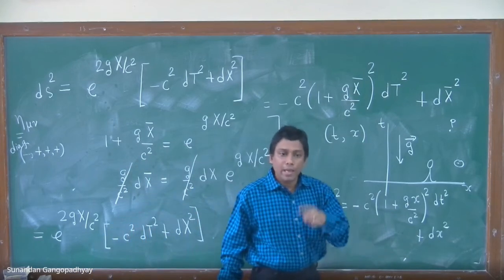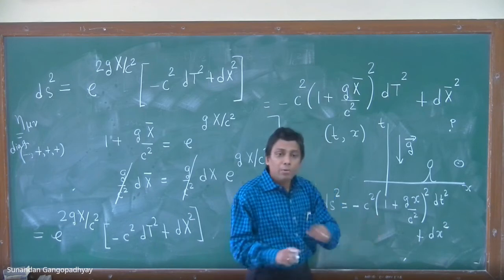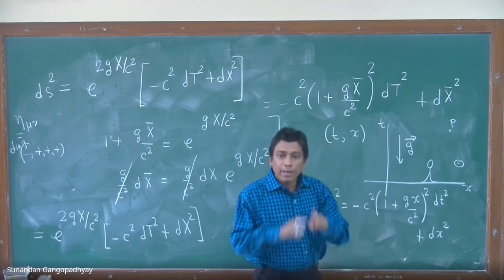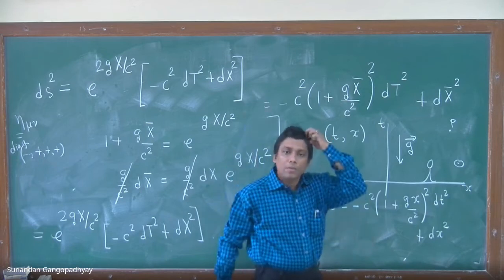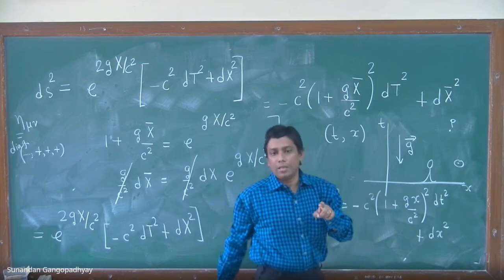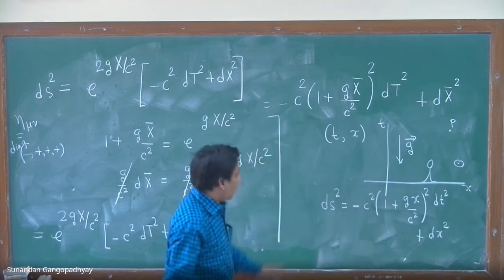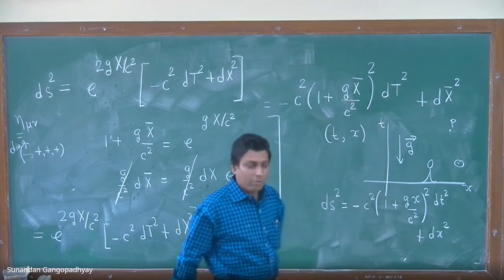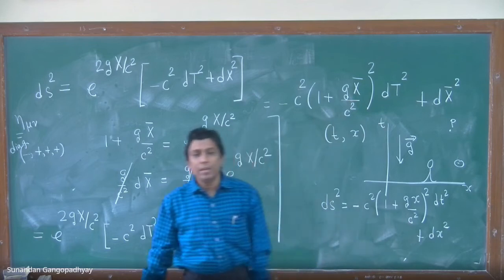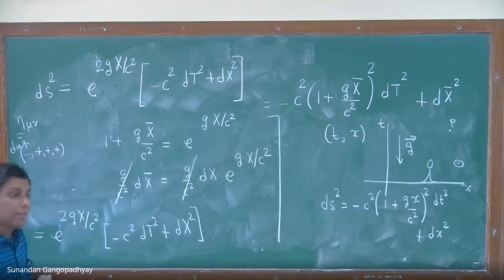We have taken the help of Einstein's equivalence principle and converted this problem to an equivalent problem where there is no gravitational field and the observer is moving with uniform acceleration. And that we can do by that quote unquote equation. From there we calculated that metric, which is this. Now you apply the equivalence principle and write the metric in a uniform gravitational field. But this you can derive in a different way also.